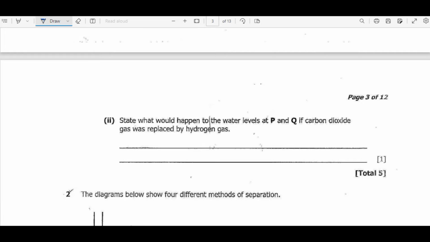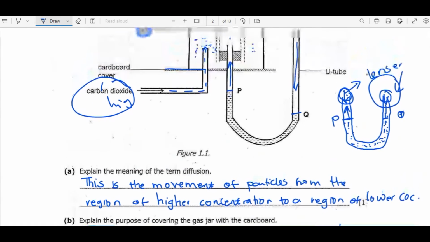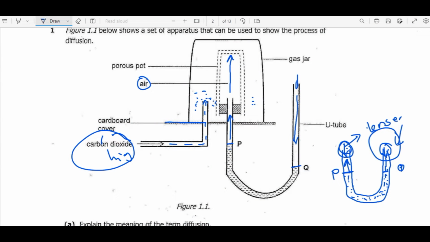Now we move on to question Roman number 2. State what would happen to the water levels at P and Q if carbon dioxide gas was replaced by hydrogen gas. So let's go back to our diagram here. Instead of the introduction of carbon dioxide into this setup, let's take it for instance, we put hydrogen.